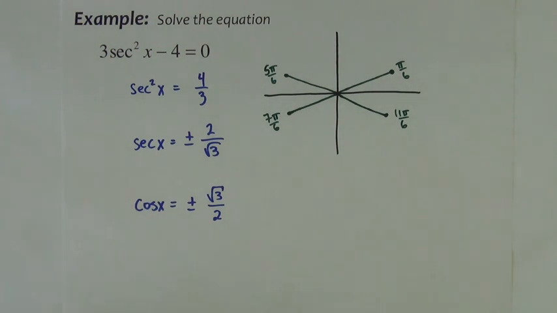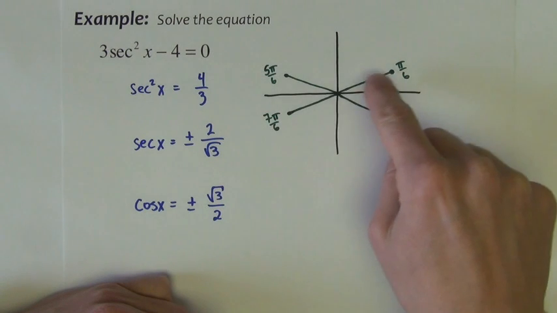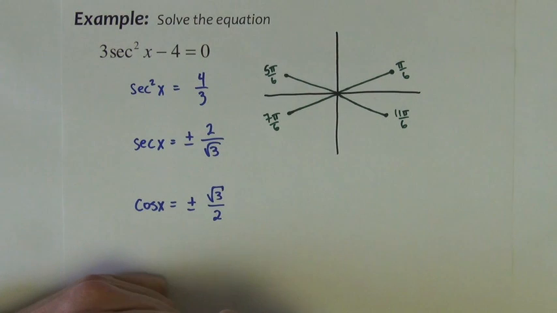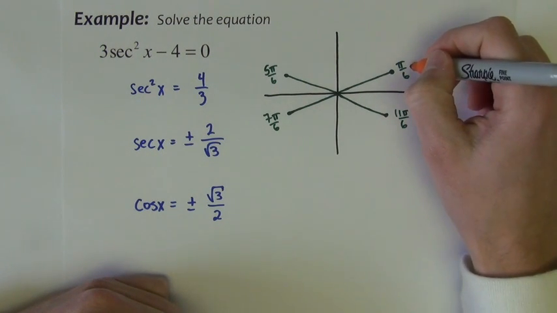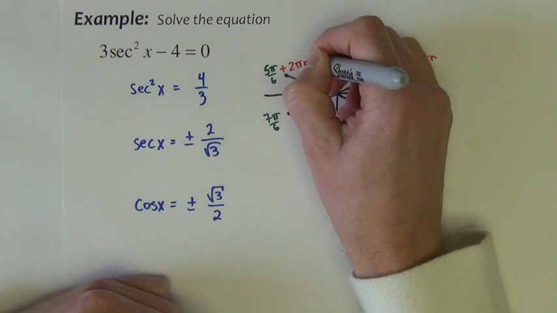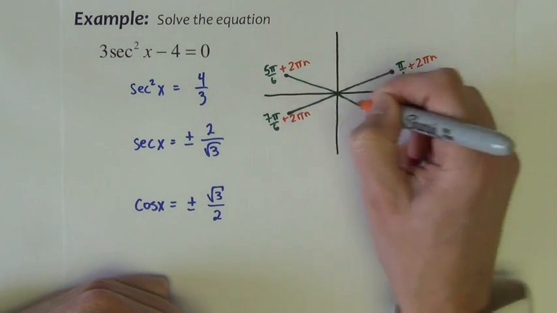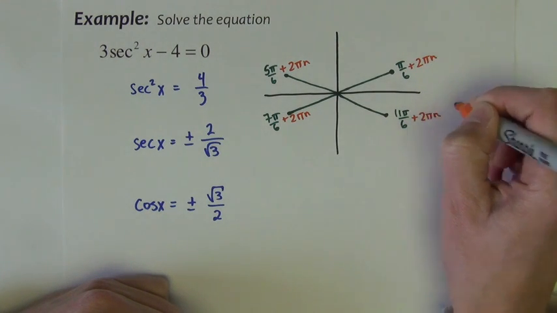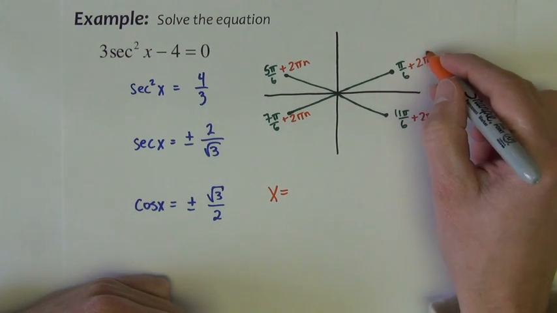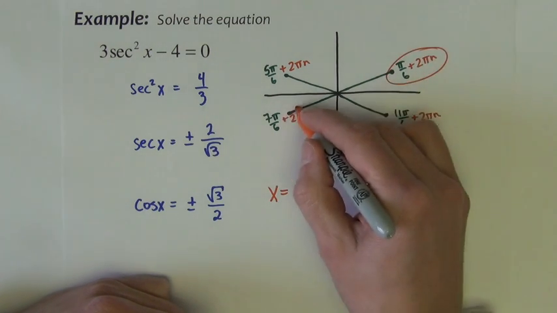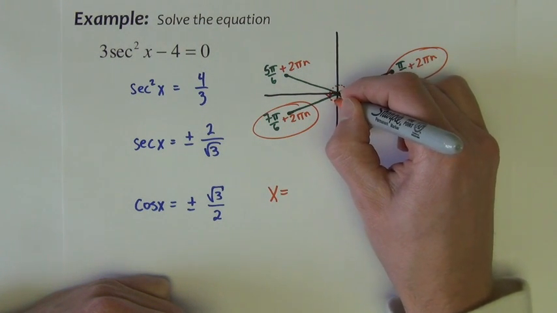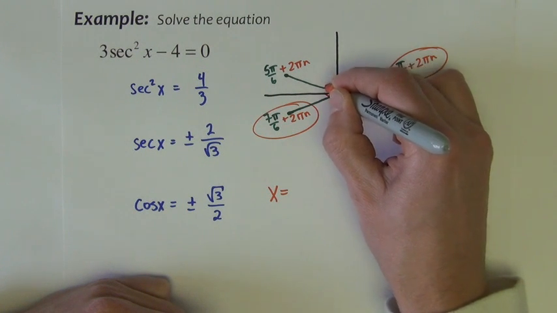Now what I want you to notice is that these pairs of angles are only a half circle apart from each other. Instead of writing them all like this, there's a better way to do it. I can consolidate these two answers as they are only half a circle away from each other.